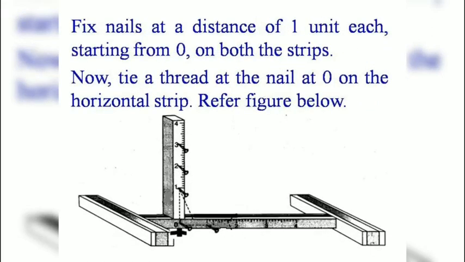Then fix nails at a distance of 1 unit each, starting from 0 on both the strips. Now tie a thread at the nail at 0 on the horizontal strip. Refer to this figure.